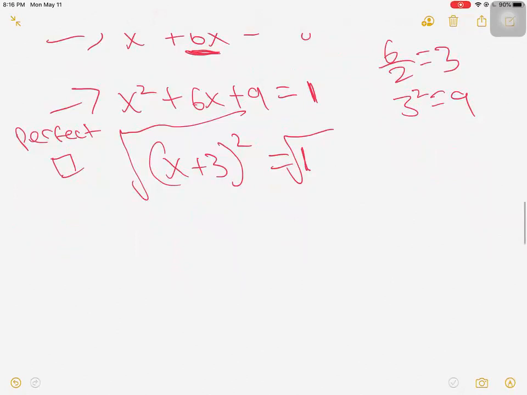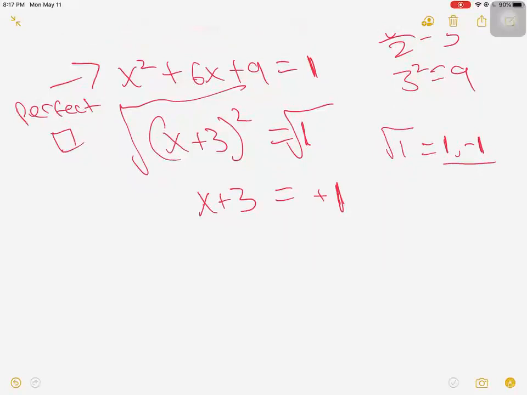So we get x plus 3 is equal to the square root of 1. But we have to keep note that the square root of 1 is not just 1. It's equal to 1 and negative 1, since both of these numbers squared give you 1. So we can write this as plus or minus 1. So it's either plus 1 or minus 1.